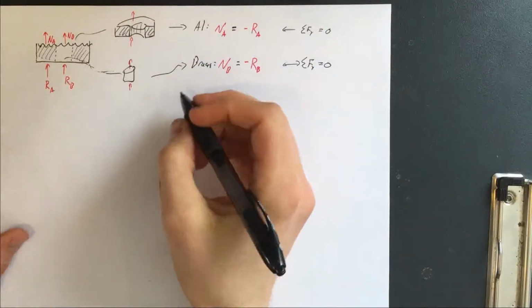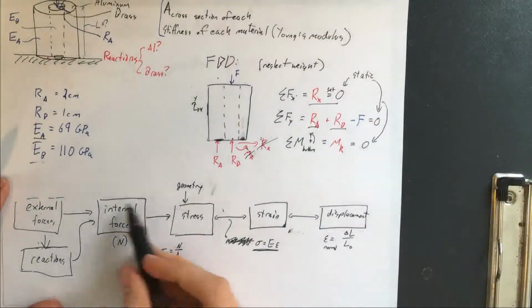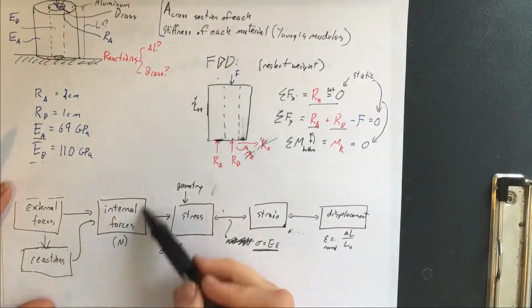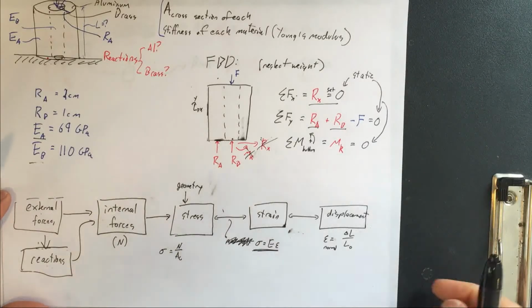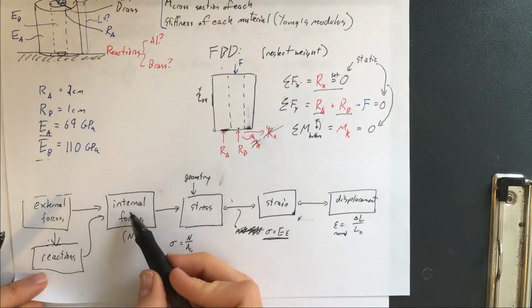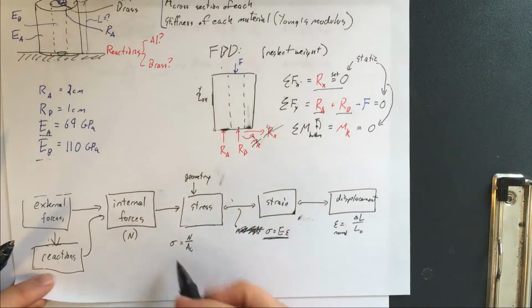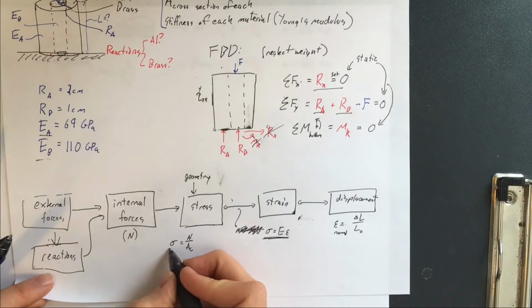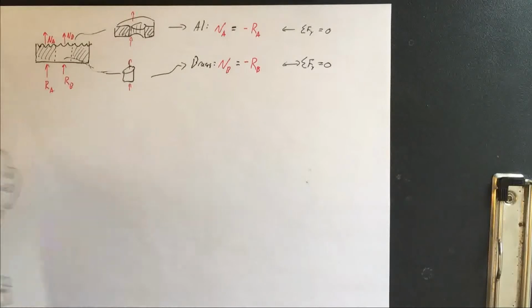So where do we take this? Well, if we go back to our problem-solving strategy, now we have internal forces. These internal forces are in terms of reactions, but it's all still unknowns at this point. But we can relate internal loads to stress via the geometry, and we know that our normal stress is equal to normal load divided by the cross-sectional area.